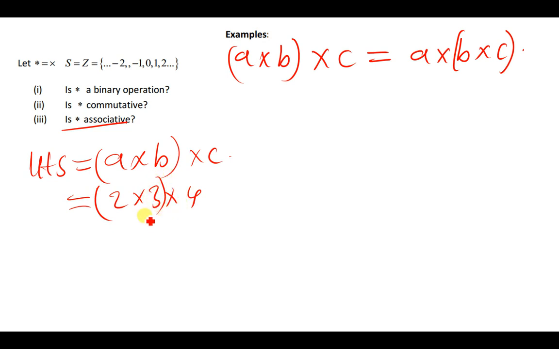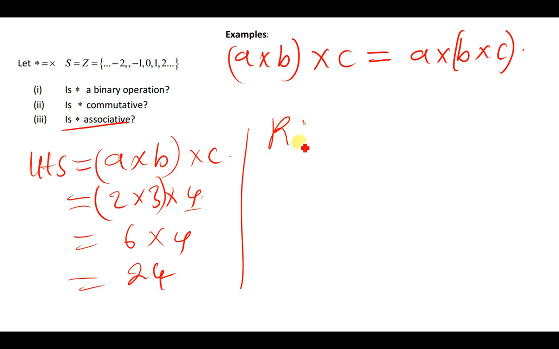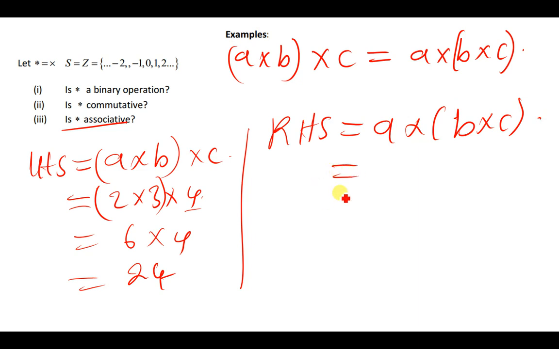So we first start with what is in the brackets. 2 times 3, the answer is 6, times 4. So this gives us 24 as the answer. Let's see if on the right hand side we'll get the same. On the right hand side we're dealing with a times (b times c), with the same numbers, 2 times 3 times 4.